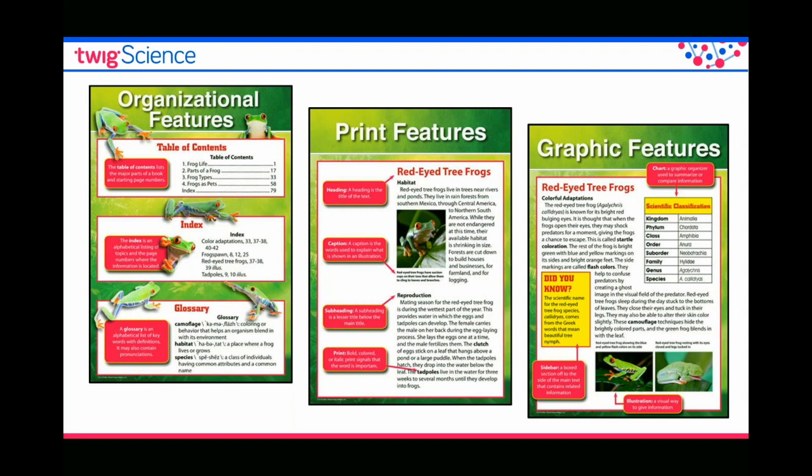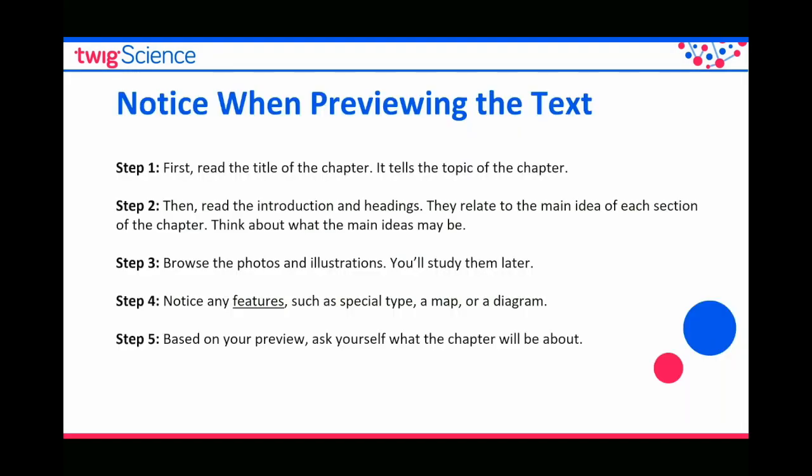So a lot of this awareness of the text features that exist in a piece of text that we're reading with our students can begin as early as when we have them preview the text. This is a very simple 5-step preview routine. You'll notice step 1, read the title of the chapter. It tells the topic. Step 2, read the introduction and the headings. As I said before, they tell the main ideas.